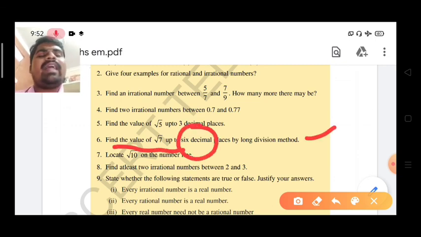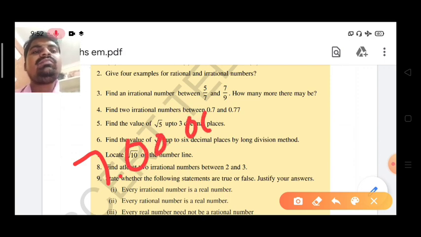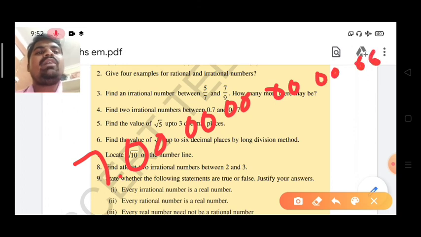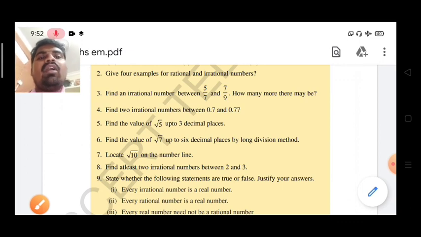I explain long division method only. So here 7 and 6 decimals, nothing but 6 pairs, 1 2 3 4 5 6, like that you have to find out the value of root 7 by using long division method up to 6 decimals.